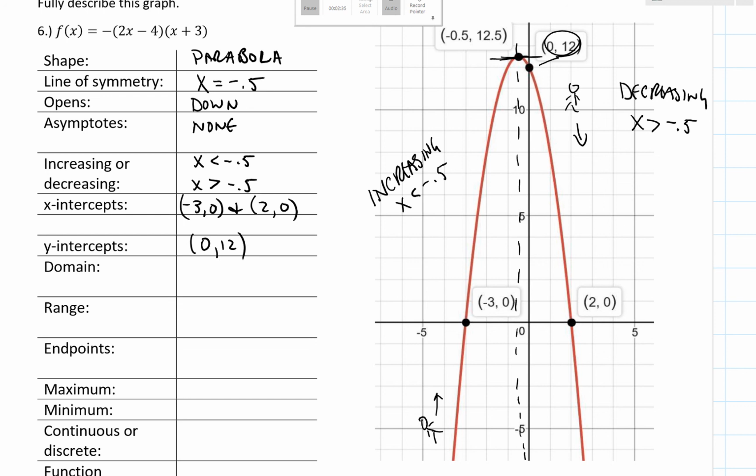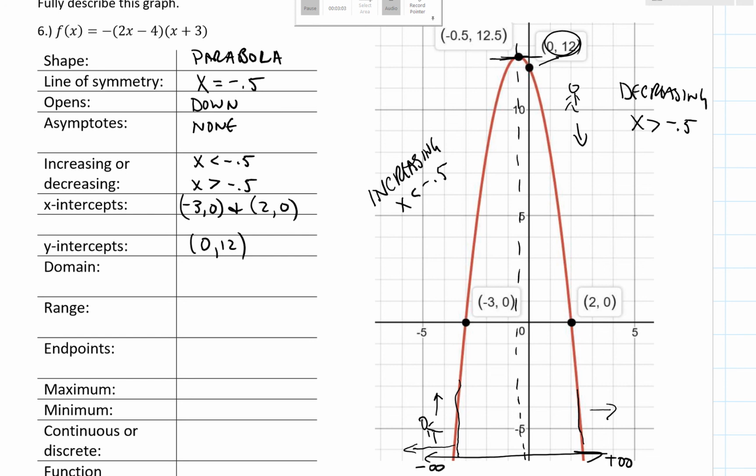Alright, the domain is what's happening in this direction. So as this graph goes down, as we go down this way, it's growing out this way, and it'll never stop. It's just going to keep getting bigger and bigger. So this goes to positive infinity in this direction. And then the same thing, as this graph goes this way, it continues to grow out this way. So this is going to negative infinity.